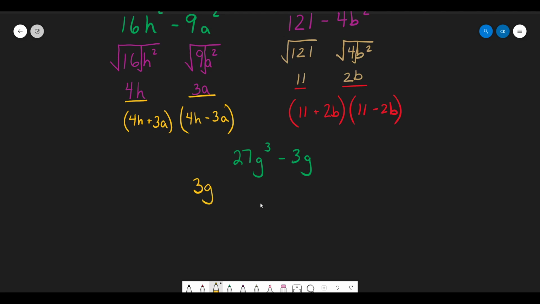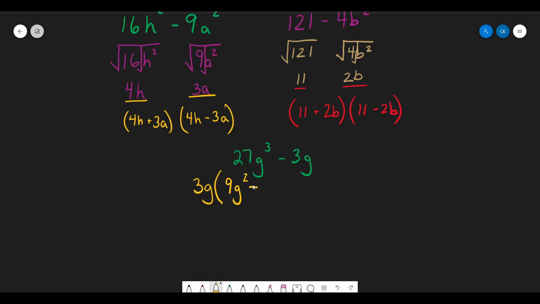I can pull a g out. So now 3g is the GCF between these. Now I'm going to take each of my terms divided by 3g and put what's left. So 27g to the third divided by 3g is going to give us 9g squared.